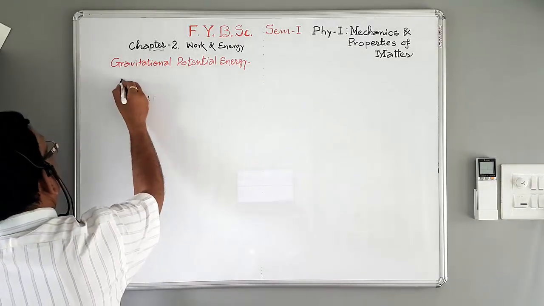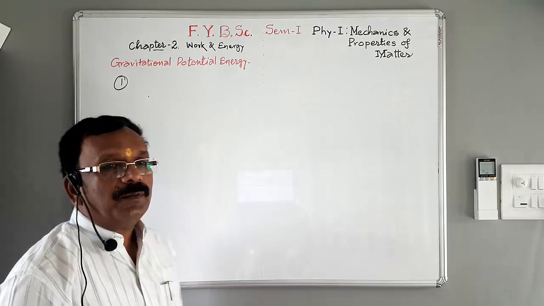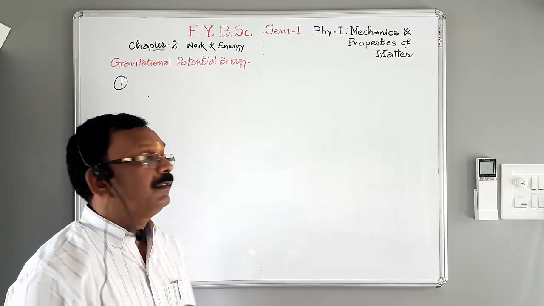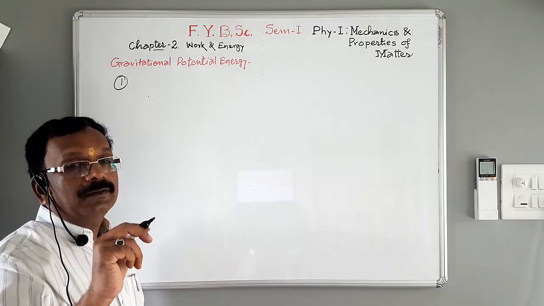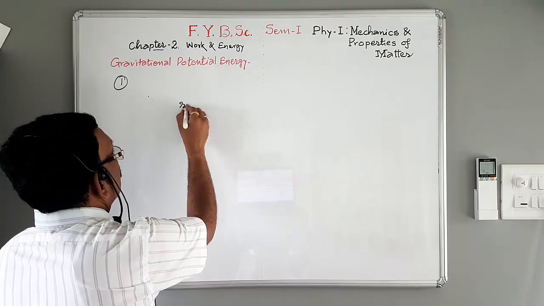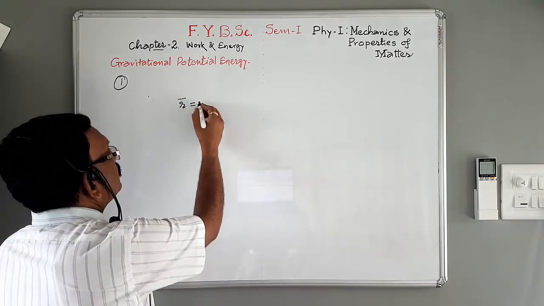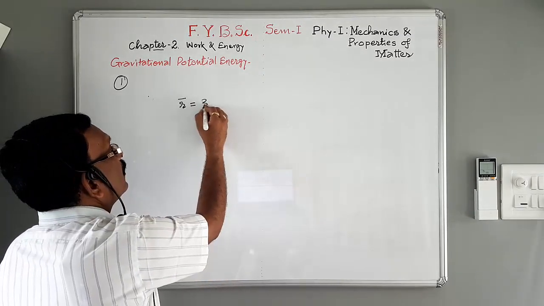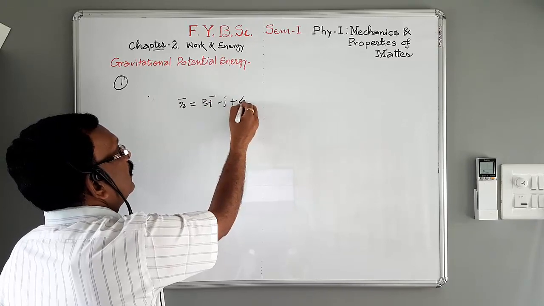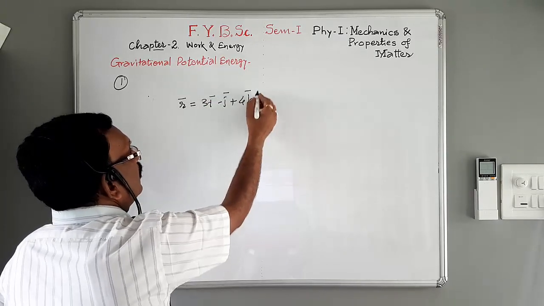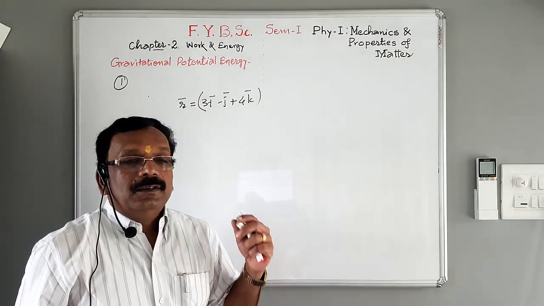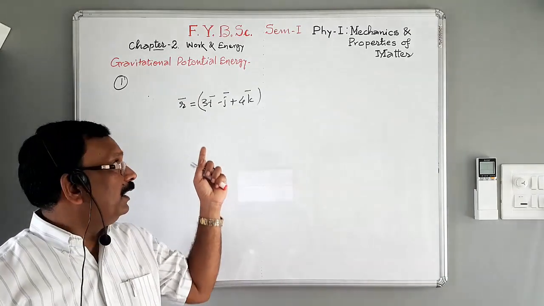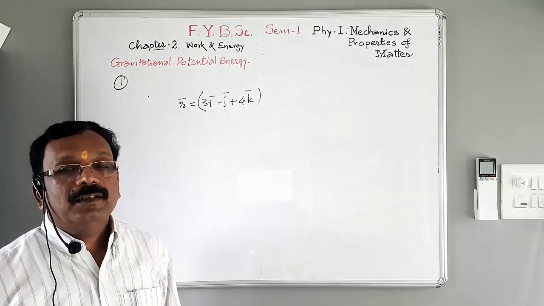Consider the first problem. In this problem, we have to find the work done in moving a particle along a vector r equal to 3i minus j plus 4k, in meters.